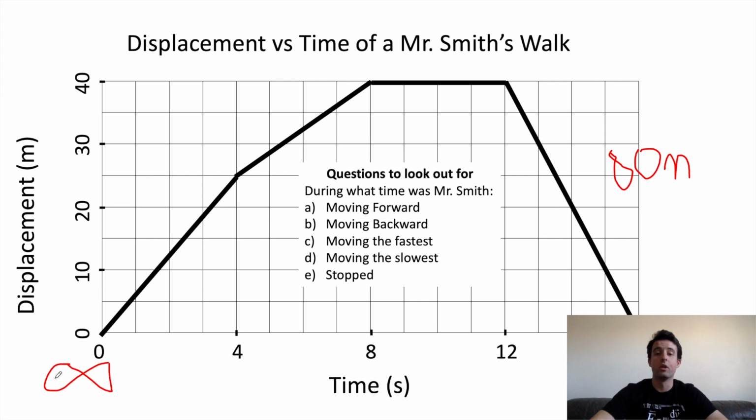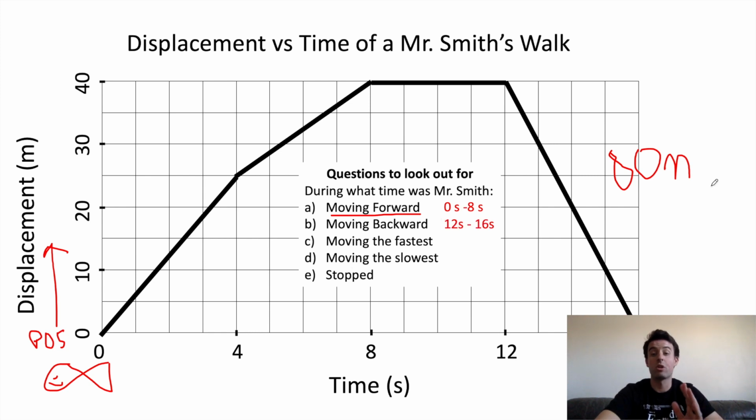Let's talk about them. Let's start with A, moving forward. Now, any point in time where I'm going positively from 0 towards 40, that would be considered moving forward. So I would say times 0 through 8 would be considered for A. 0 through 8. And then for B, moving backwards, what time was I moving backwards?